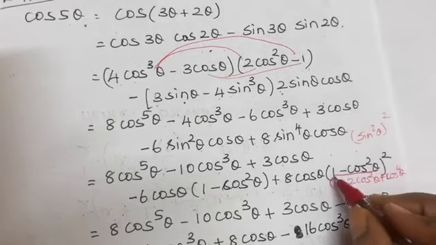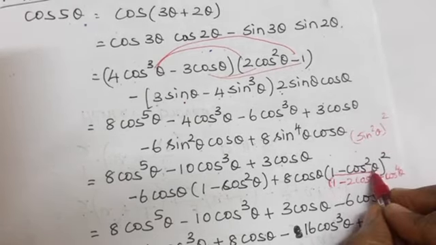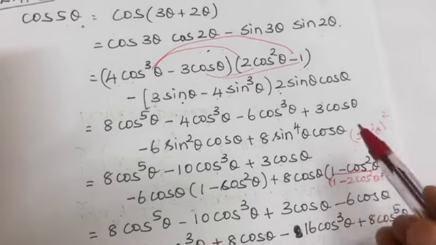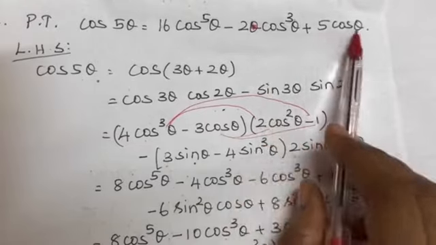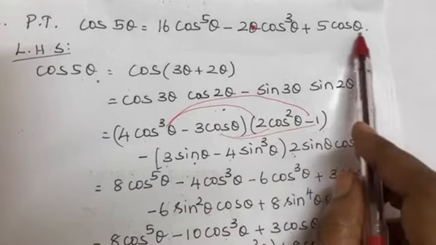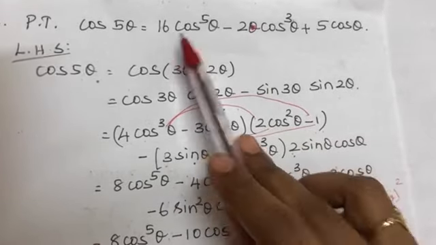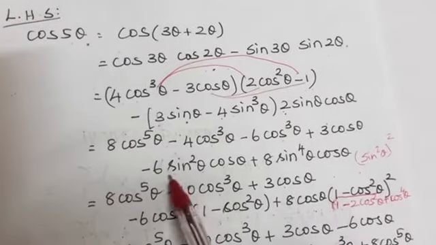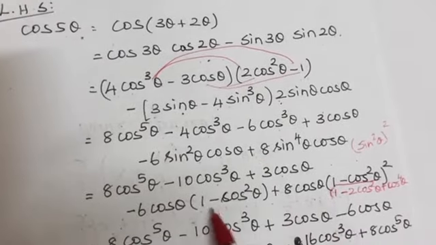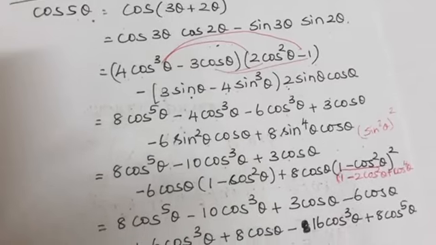Sin square theta is 1 minus cos square theta. Why are we changing it? Because in the question, we need to find this expression. It has only cos, no sin is there. So I am changing all the sin values into cos values using this identity.